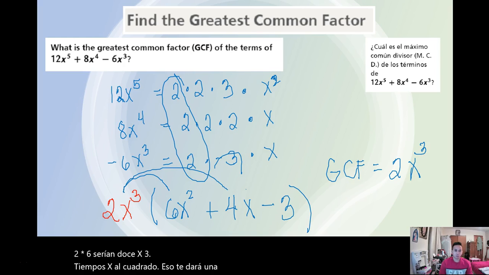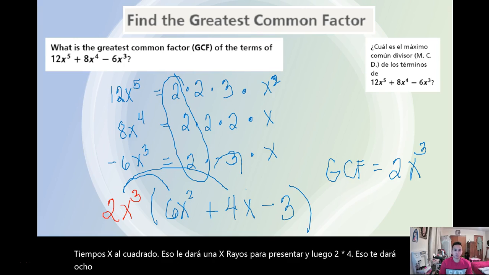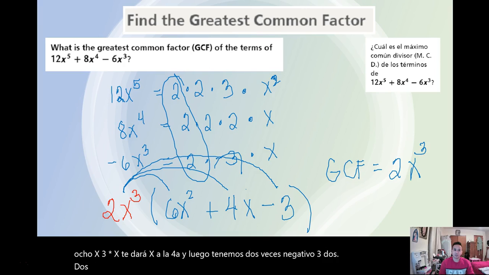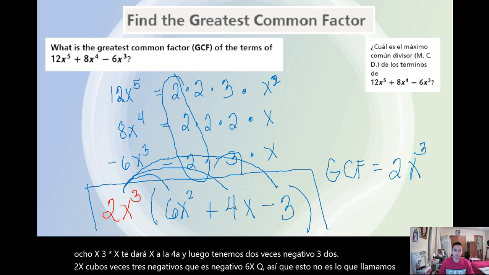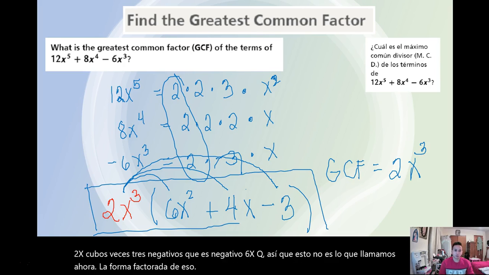And then 2 times 4 will give you 8. X cubed times x will give you x to the fourth. And then we have 2x cubed times negative 3, that is negative 6x cubed. So this is now what we call the factored form of that expression that we have there.